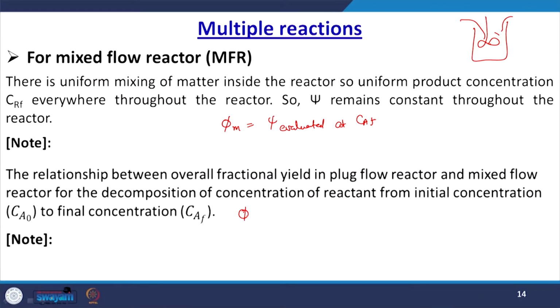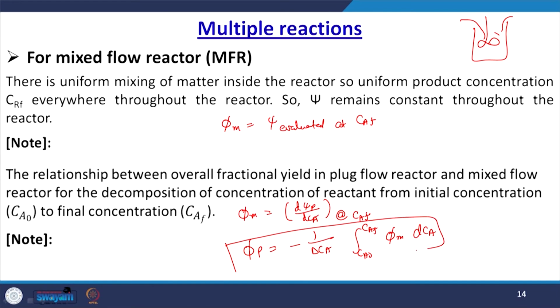So, for the decomposition of the concentration of reactant from initial concentration Ca naught to the final concentration Caf, phi m is equal to d phi p dCA at CAF, and phi p is equal to minus 1 upon delta Ca, integral from Ca naught to CAF of phi m dCA.